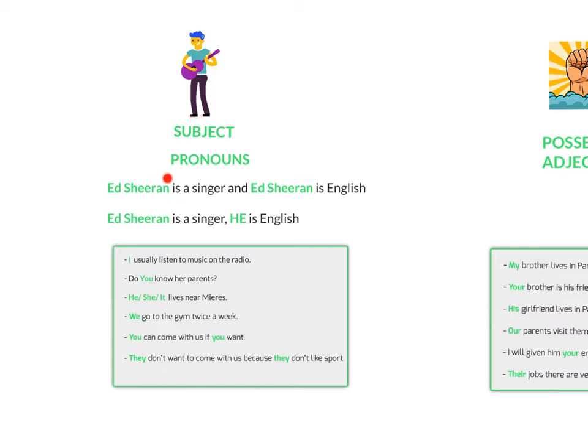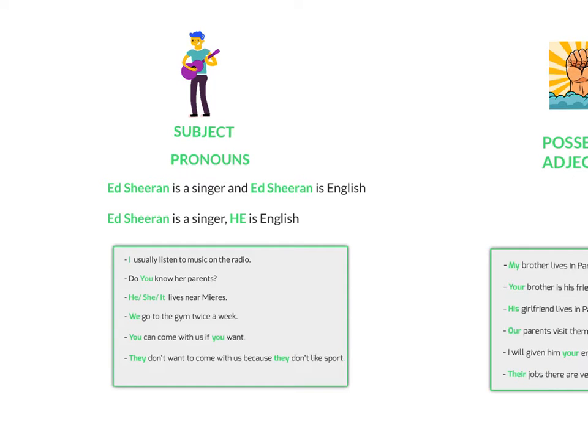Here we've got an example. Ed Sheeran is a singer, and Ed Sheeran is English. The subject here is Ed Sheeran, okay? This is the person who is a singer, and Ed Sheeran is the person who is English. But saying the words Ed Sheeran twice is quite repetitive and does not sound natural.